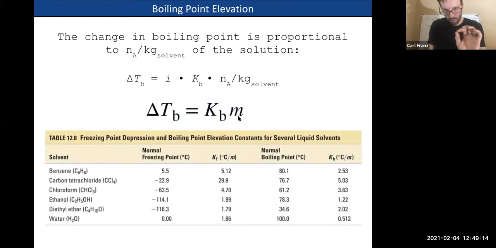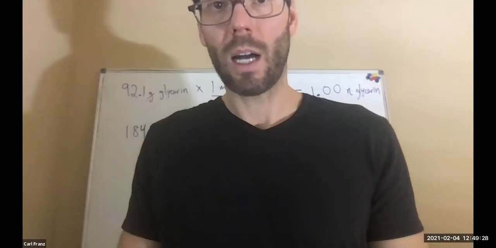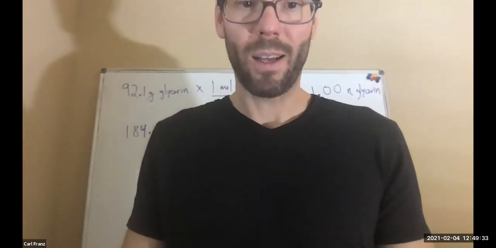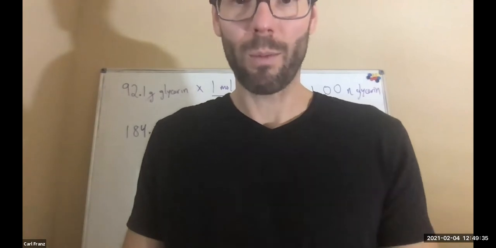We don't have to concern ourselves with van 't Hoff's factor just yet. Just focus on the change in temperature, ΔTB, equals KB times molality. See if you can come up with this. I will pause it, and this time, remember to unpause it and we'll go over it together. Let's see what you can come up with on your own.